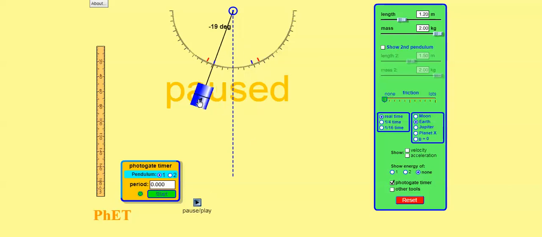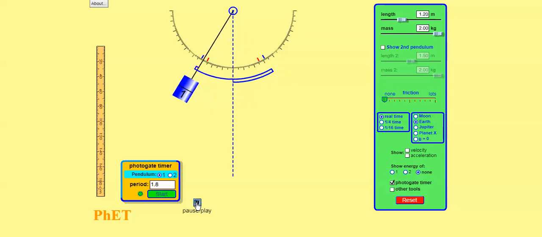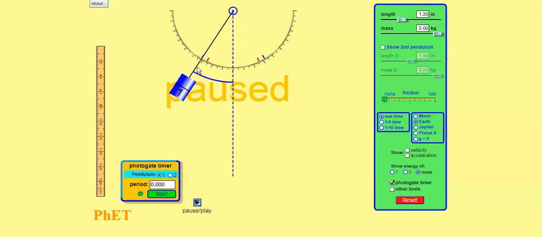Bring this back to 32. And for 1.2, 2.2408. Oops, let me try that again, and then we'll do one more. Bring this over to 32.